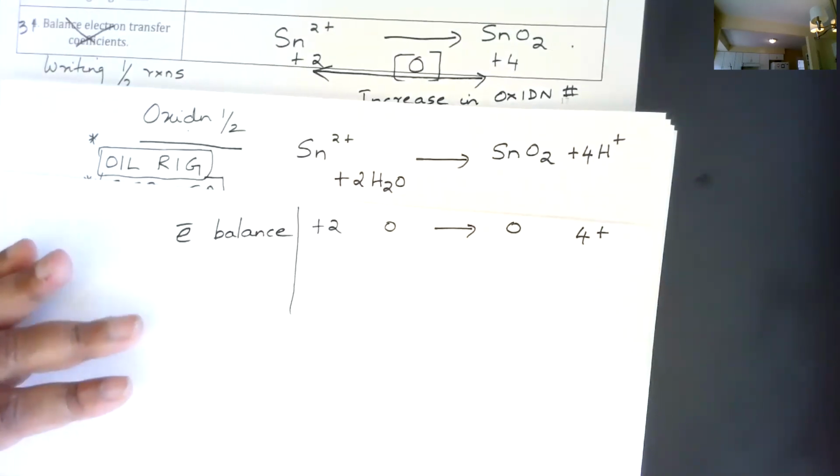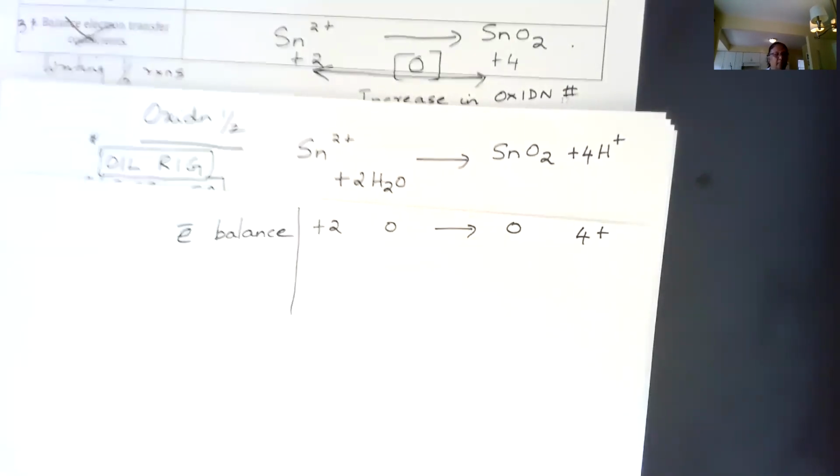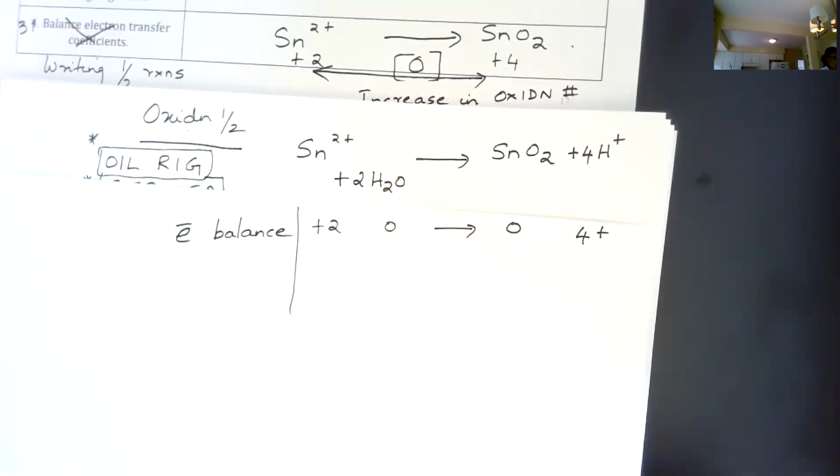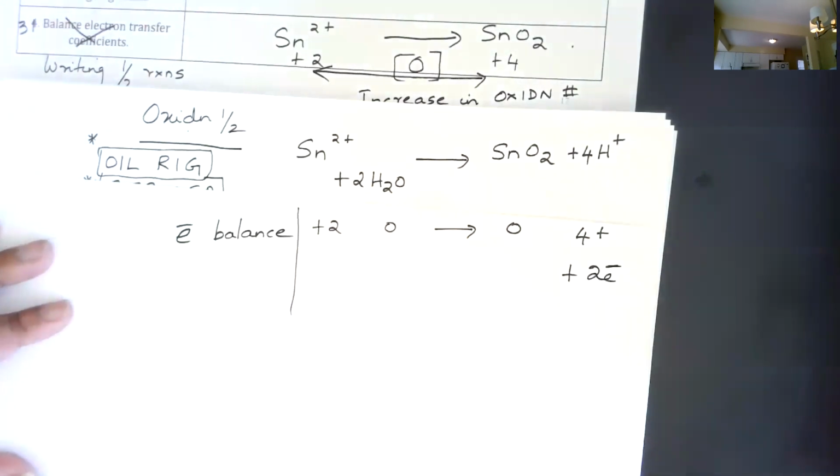So how will you balance the charges? What must you add to balance the charges? Add 2 electrons to the right side. Yes. Electrons to the right side. How many electrons? 2 electrons, right? 2.